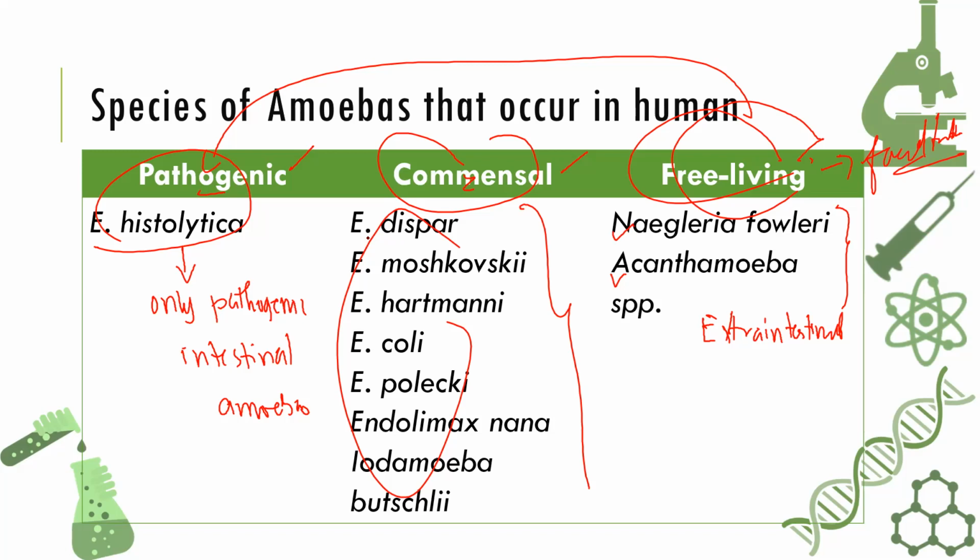So we have Entamoeba dispar, Entamoeba bovis, Entamoeba hartmanni, Entamoeba coli, and Entamoeba polecki. It is interesting to know that Entamoeba polecki is an amoeba of pig and monkey.